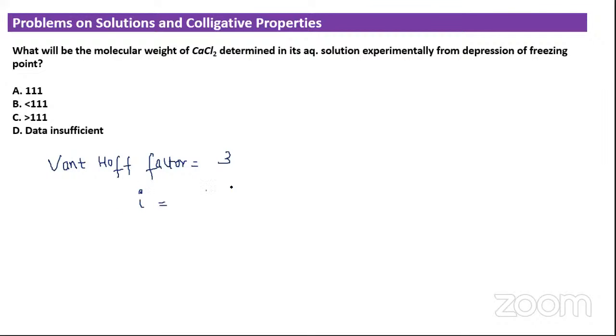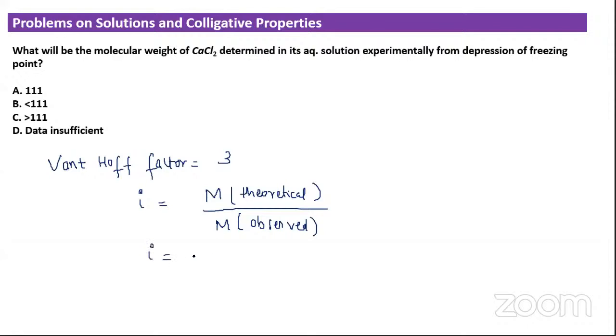So van 't Hoff factor is equal to theoretical molar mass divided by observed molar mass. Okay, so this is the formula, or you can say relation of van 't Hoff factor to the molecular weights of solutes. तो इसको हम लोग यूज कर सकते हैं.